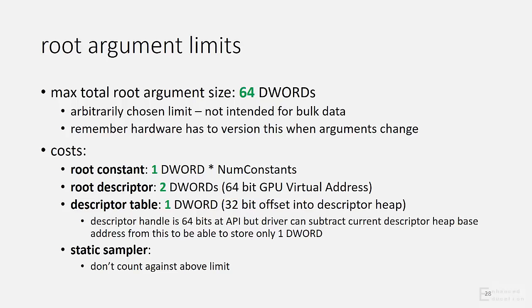Descriptor tables are actually only a single DWORD, and that's because those can get away with being just a 32-bit offset into a descriptor heap. Descriptor heaps are actually bound on command lists, and descriptor details for that are described a bit later. Finally, there's static samplers, which don't have any cost in the root arguments because, by definition, those are just baked directly into shaders.